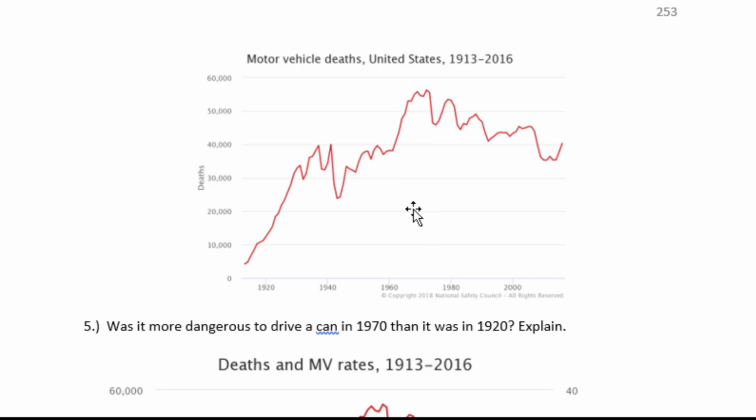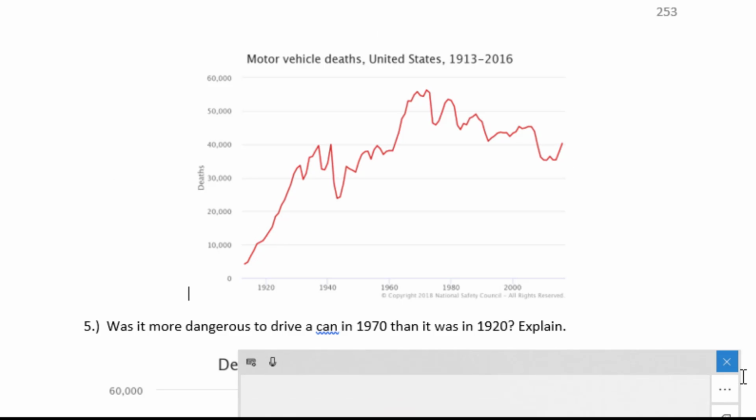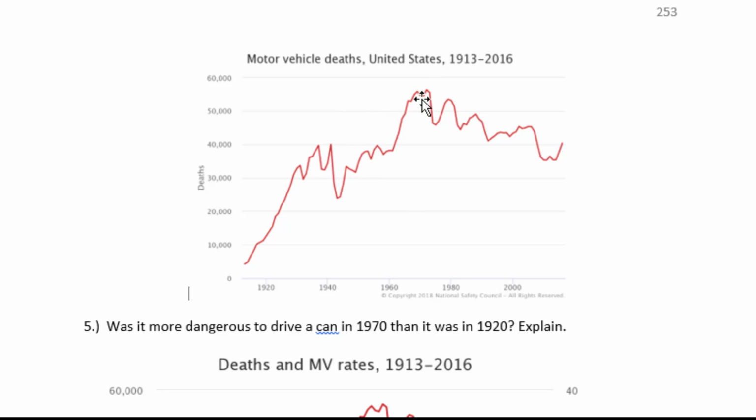Well, let's look up here. 1970 is about here, so there were about, I don't know, it looks like about 55,000 deaths in automobile accidents in 1970, where in 1920 there was maybe 10,000. So looking at it one way, you can say there were a whole lot more deaths in 1970 than there were in 1920. But is it more dangerous?